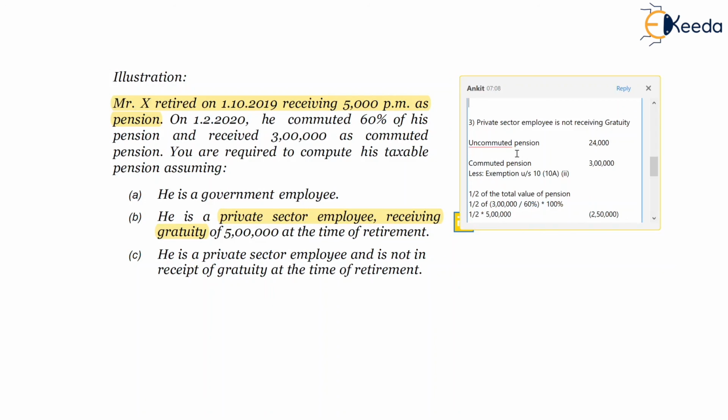We have stressed the exemption part of commuted pension, which is mentioned in clause 10A of section 10, right? Also, we have touched upon rule 90, which reiterates the provisions of clause 10A. After that, we understood an illustration which elaborates the pension provisions we have just discussed. With this, friends, we conclude the subtopic of pension.